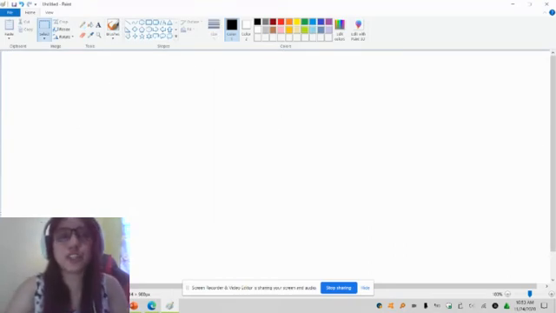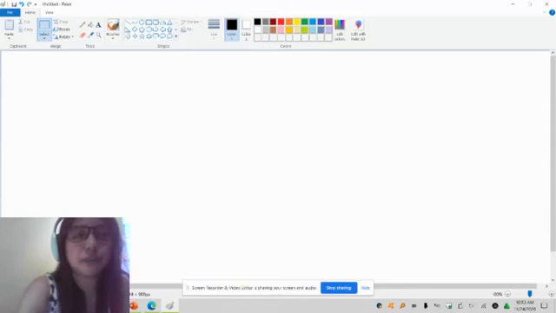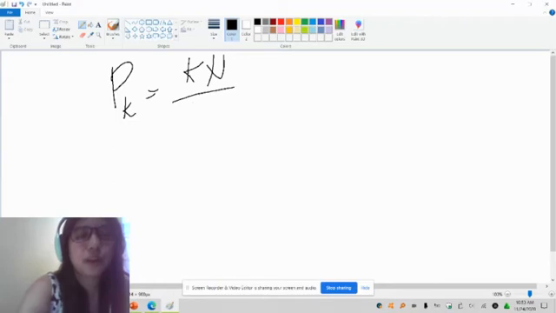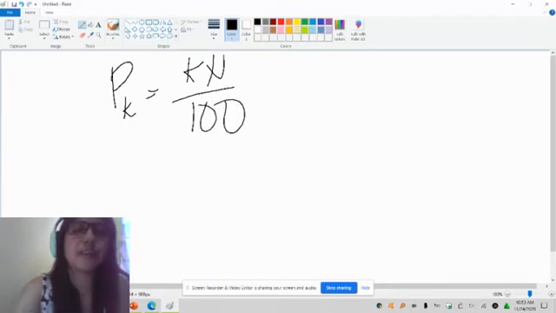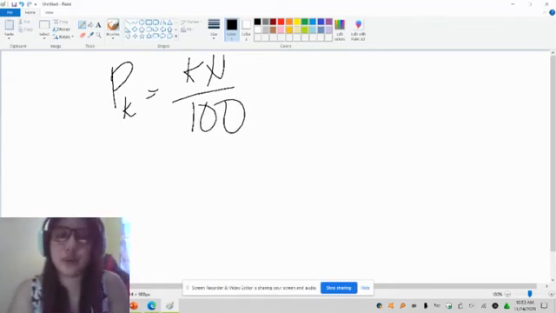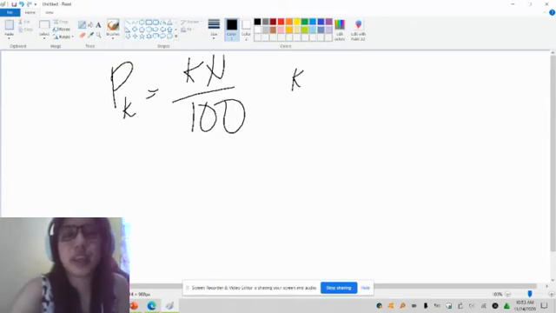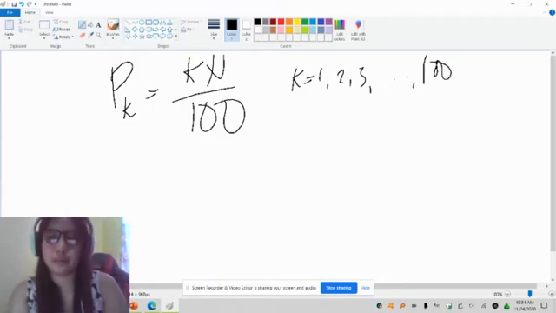So the general formula is, let's use P sub K, where Kn over 100, since it is divided into 100 equal parts, where K is equal to 1, 2, 3 until 100.